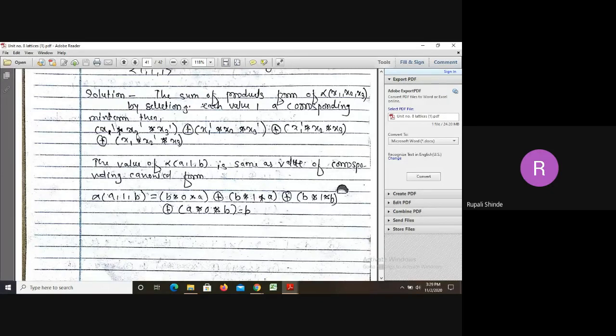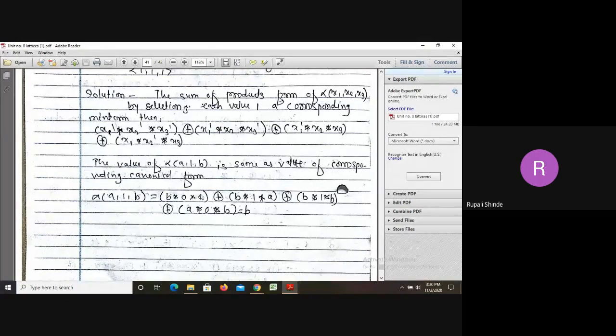The value of x2 is 1, so 1's complement is 0. Now the third one is x3 complement. The value of x3 is B and B's complement is A. So here the first bracket becomes B star 0 star A. So this is our first bracket. Have you understood now? Yes, ma'am.